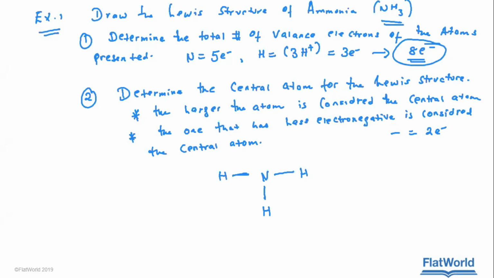So that's going to be step number 3. The remaining electrons would be on the central atom.